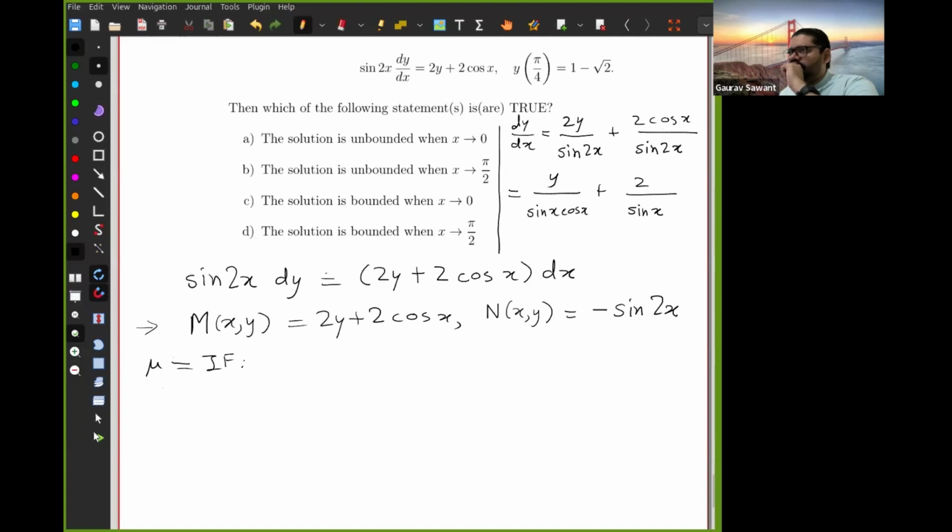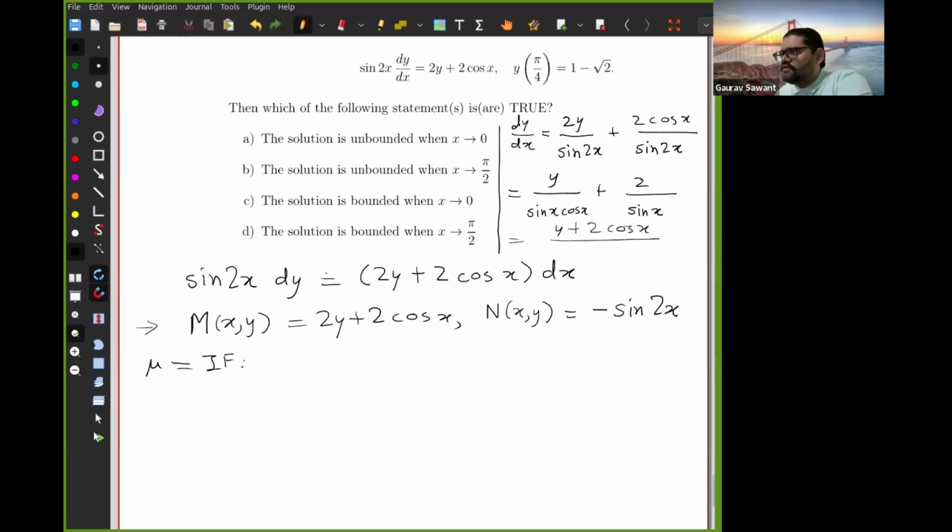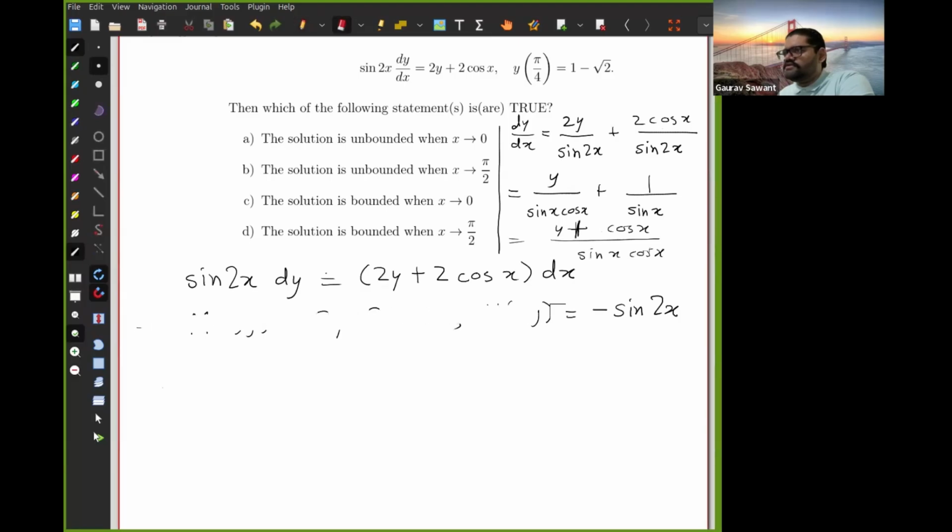It perhaps does help us. The 2 will cancel out. 2 sin x cos x, y plus cos x over sin x.